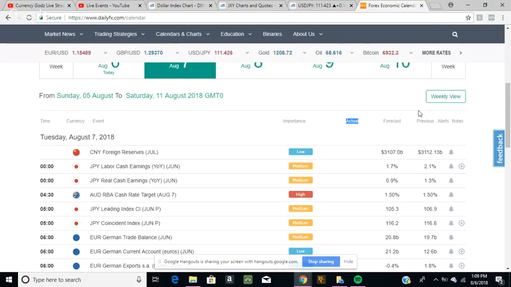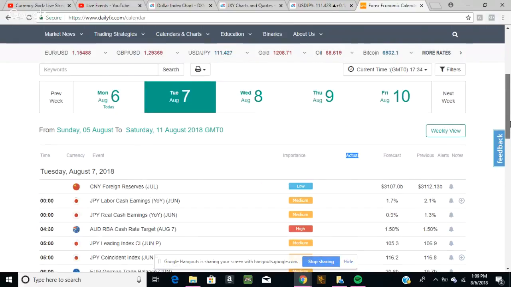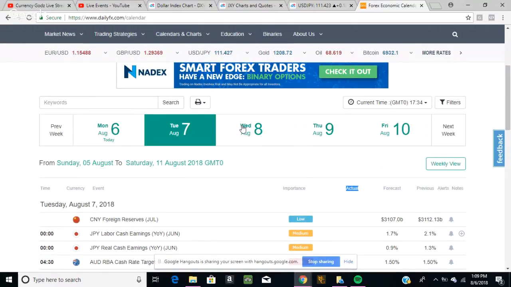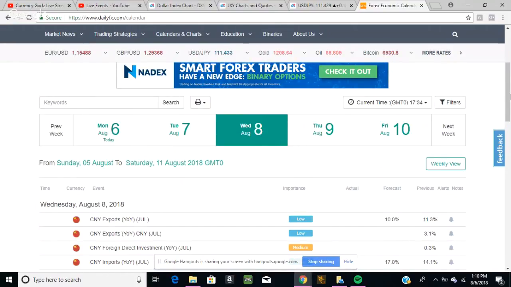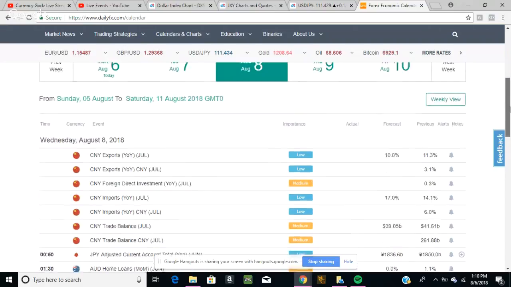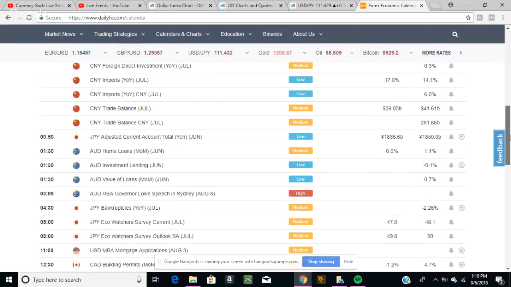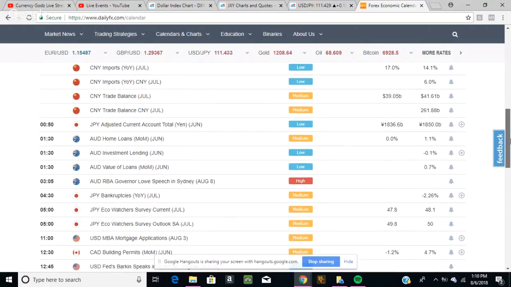That's the easiest way to interpret the global economic calendar. It's not all mumbo jumbo. This is the most important thing behind trading, which is fundamentals. Now, today is not about fundamentals, but you can go through every day and see what affects that specific currency pair that you're trading.